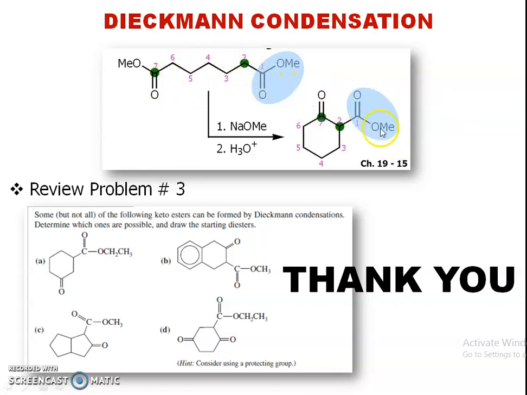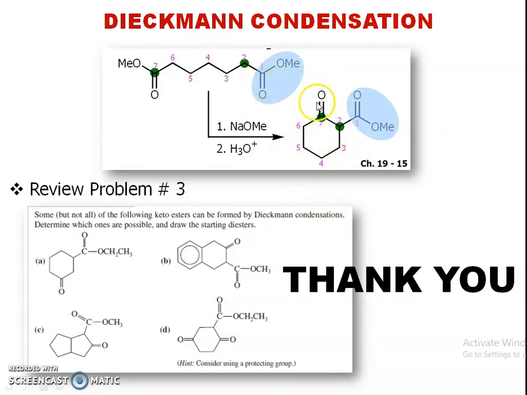So the second carbon, you can see here, attacks this 7th carbon, and this methoxide gets expelled. So you get this part here, this part here, and cyclization occurs between the 2nd and 7th carbon. Okay, that's all about Dieckmann.